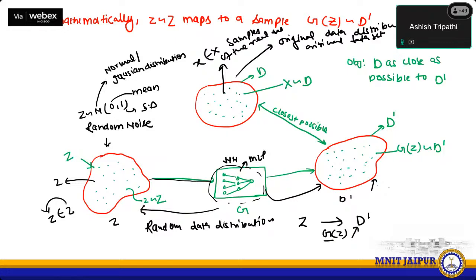How should this converted D dash, the generated probability distribution model, look? It should be very, very close to capital D. That means the generated probability distribution, D dash, should be close to D. Whatever probability distribution model is generated by the generative network G should be very, very close to the real one.